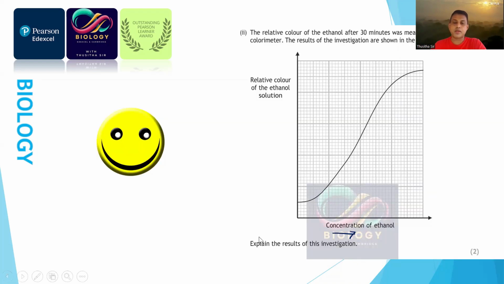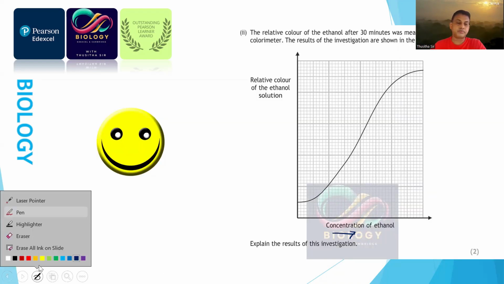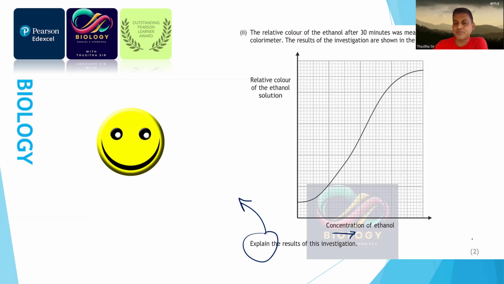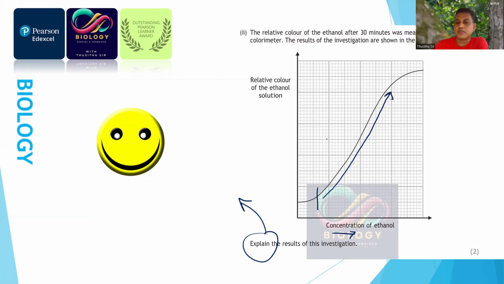Explain the result of this investigation. So, 2 marks, not much explanation we have to give. We can say when the concentration increases, the relative color of the ethanol solution increased.